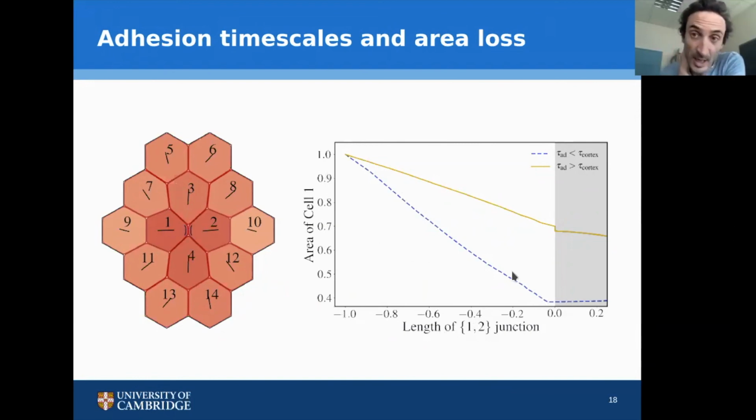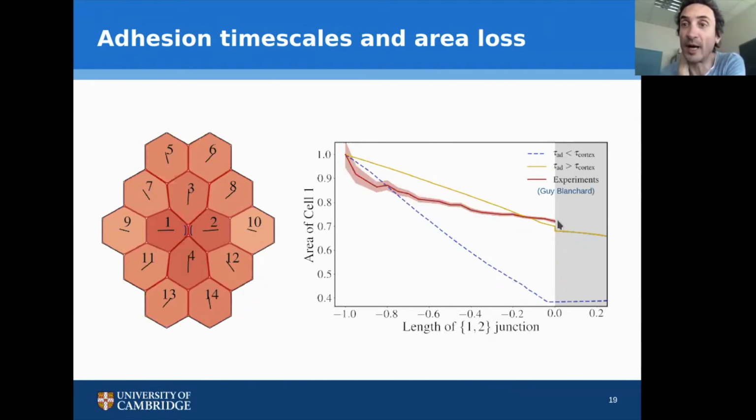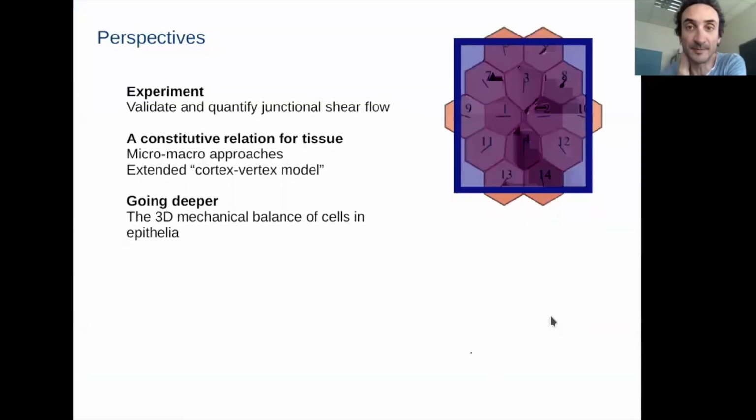If you have slow adhesions, this is much more like what we have in vivo, where we have a small variation of the area of cells undergoing neighbor exchange, which is much closer to what we have with slow turnover of adhesions.